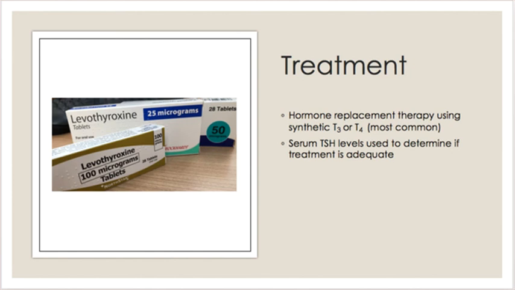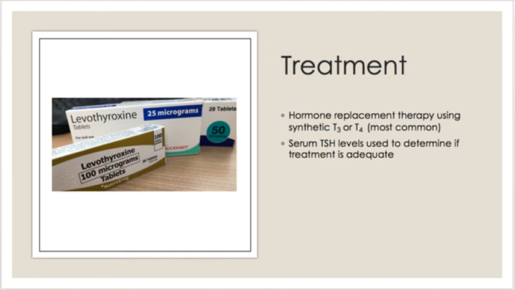Treatment is going to be hormone replacement therapy, and it is done using either synthetic T3 or T4, synthetic T4 being the most common. So here's an example of levothyroxine, and we'll talk more about medications when we talk about this in pharmacology.